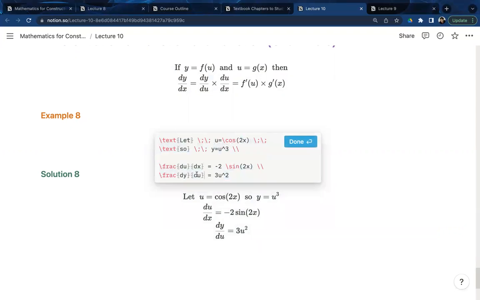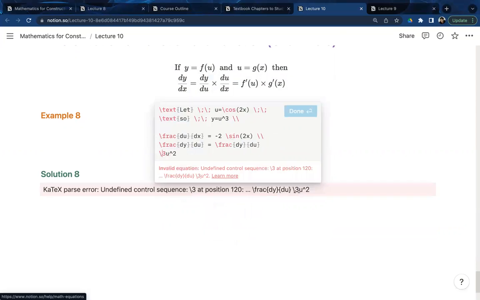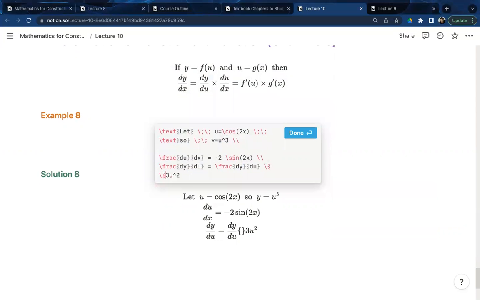So dy du is you apply the differential operator with respect to u to y, and that is equal to the differential operator applied to u cubed.